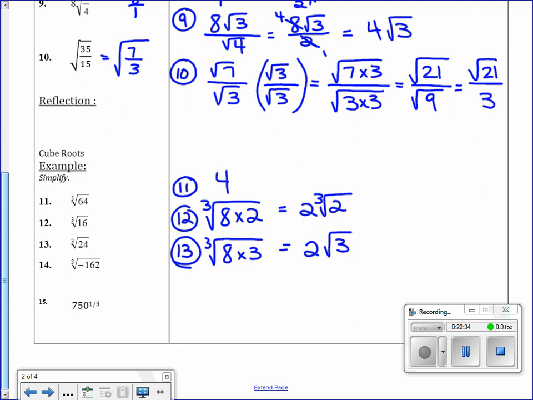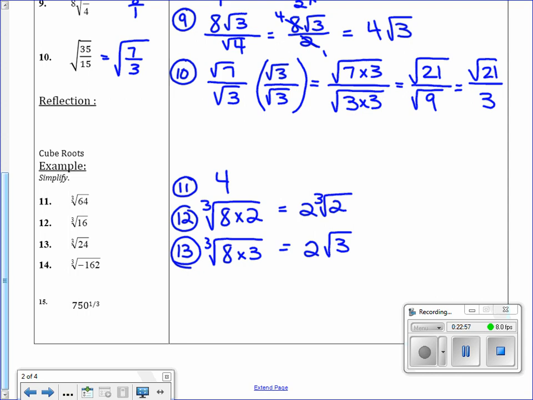Now, here's the thing with cube roots. We were talking about negative square roots, when you had the negative sign in the radicand, and we said that that would be imaginary. But when you're multiplying the same number by itself 3 times, it can be a negative number.